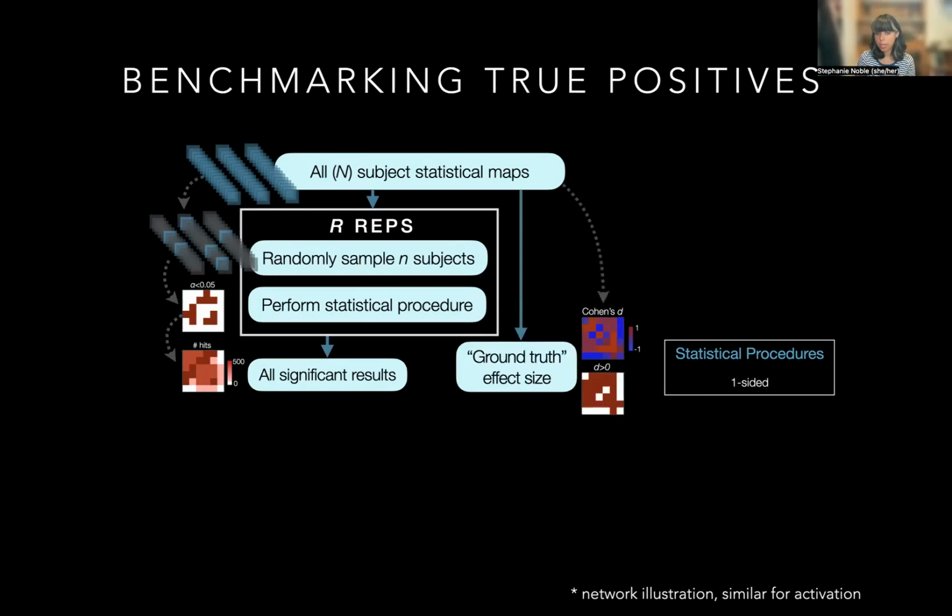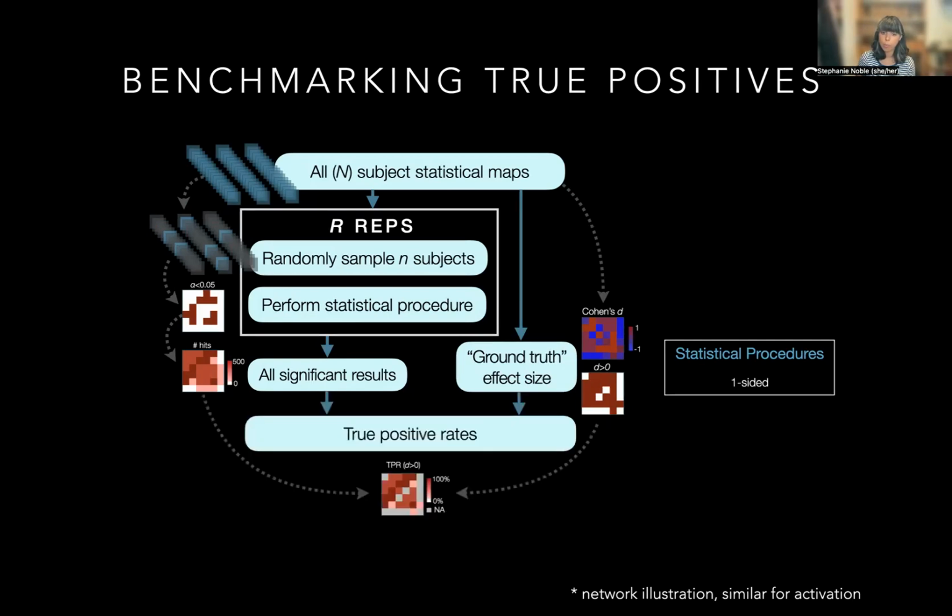What we're going to do next is estimate the ground truth using all of the subjects, and we're going to use one direction of the ground truth, for example, Cohen's d greater than 0. We'll see whether we detected effects also in that direction, and how many times. That lets us quantify true positives in that direction, and also positives in the opposite direction of the actual ground truth, which we can call false positives.